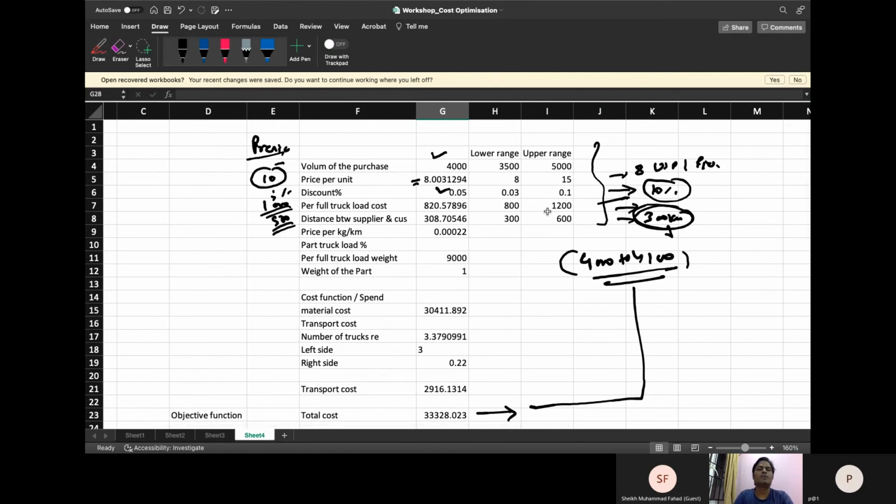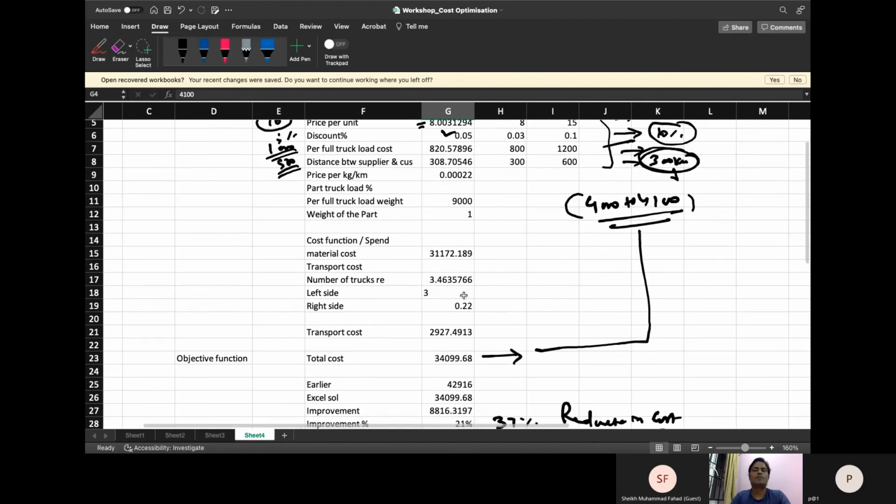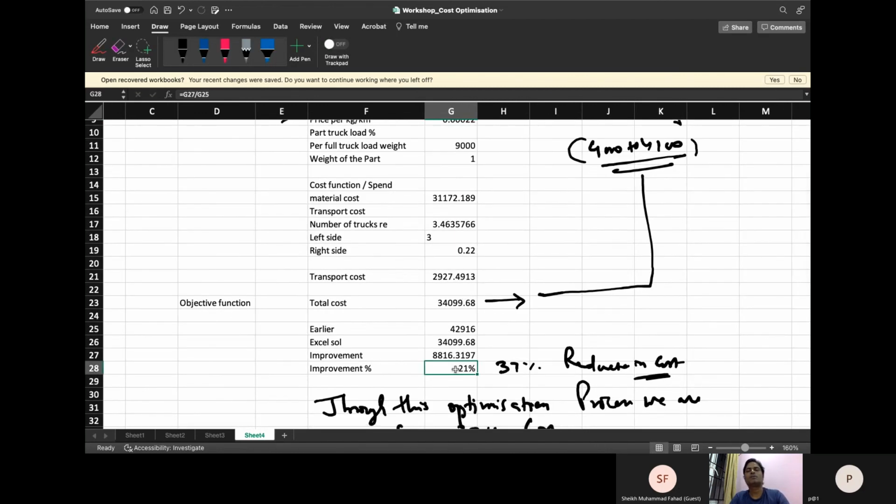Suppose I make it 4,100. So what is the impact on the cost? Previously it was 22%. Now it is 21%. So the cost has increased.